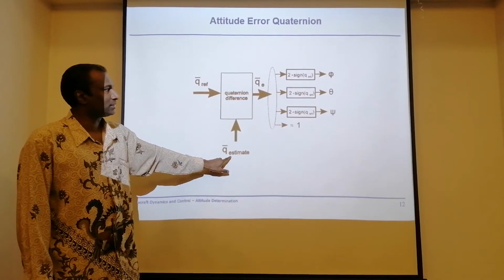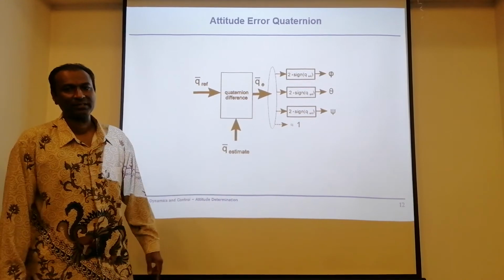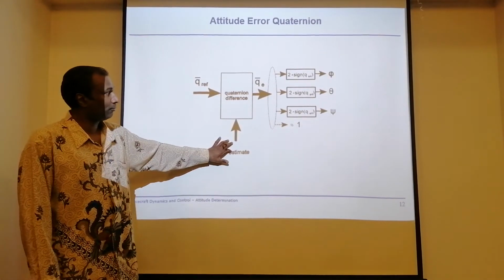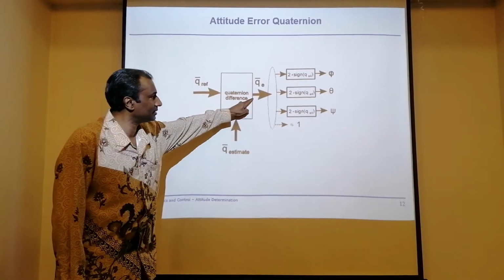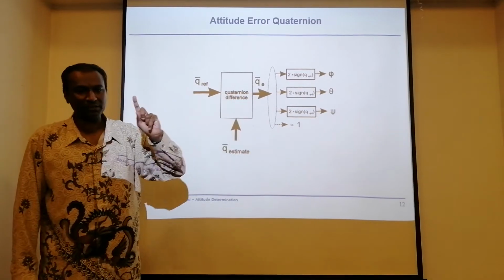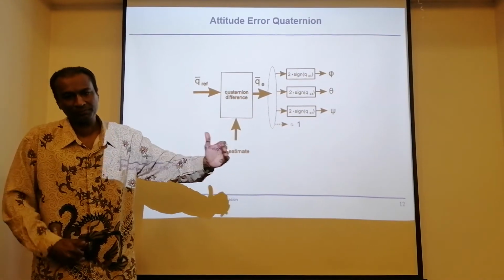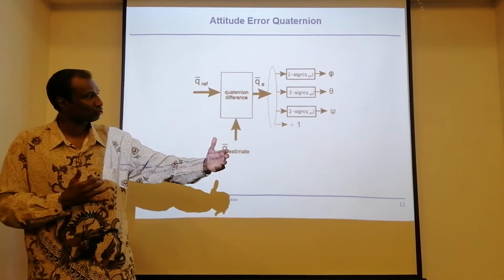The quaternion estimate is after you put in the exact disturbance torque, the rigid body is disturbed. So I should be able to measure my deviation. Remember, this deviation is measured with respect to the local vertical, local horizontal.